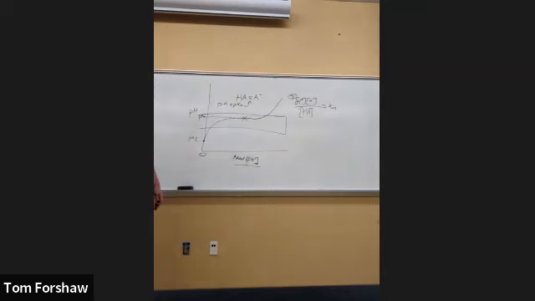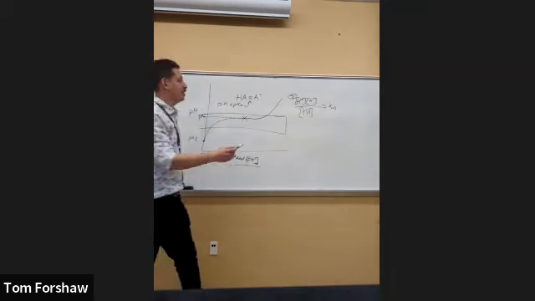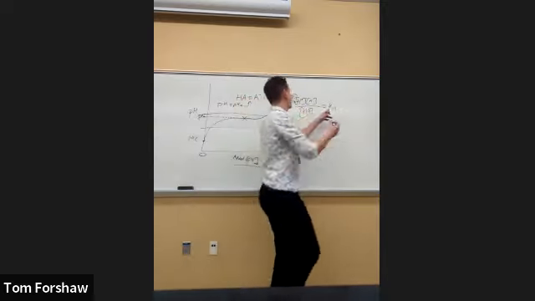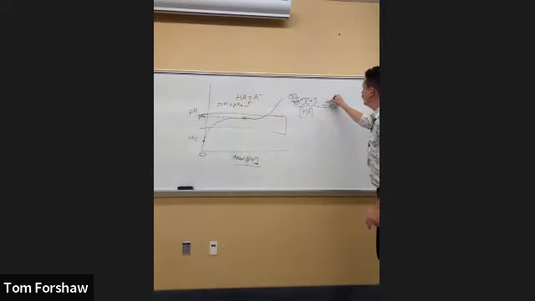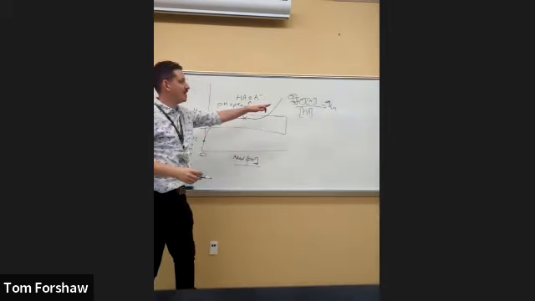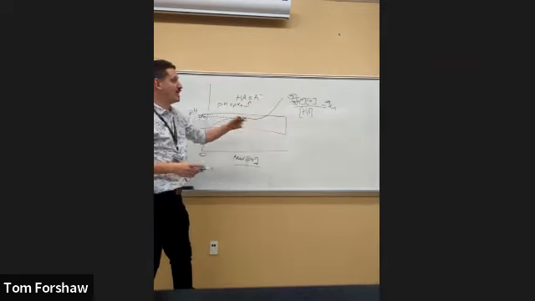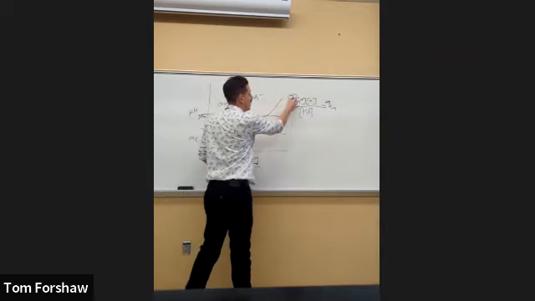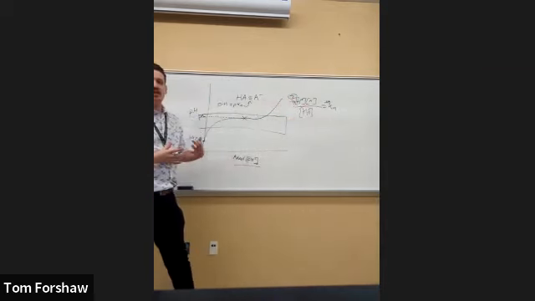We want to ultimately know the negative log of H plus. And as well, let's take the negative log on this side as well. If we take the negative log of everything here, we rearrange equation 2 and take the negative log of both sides.